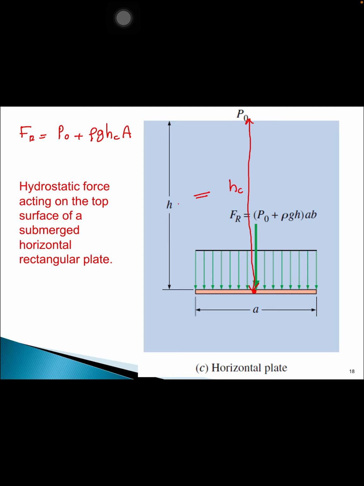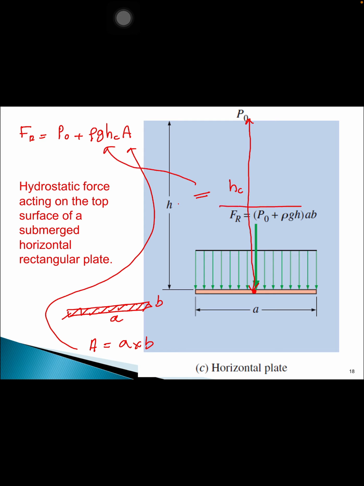The area is the same as before: this is your shape, this is your A, this is your B, so area equals A multiplied by B. You substitute the area and HC and you get FR equals P naught plus rho g h multiplied by AB. That is for the horizontal plate.